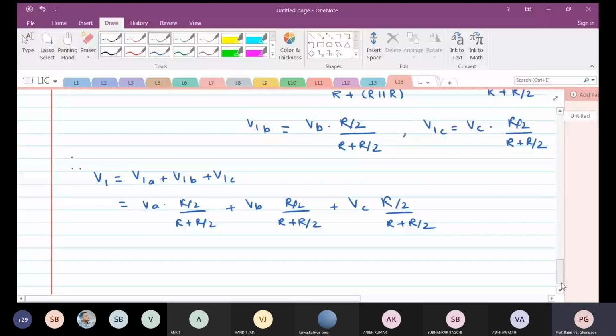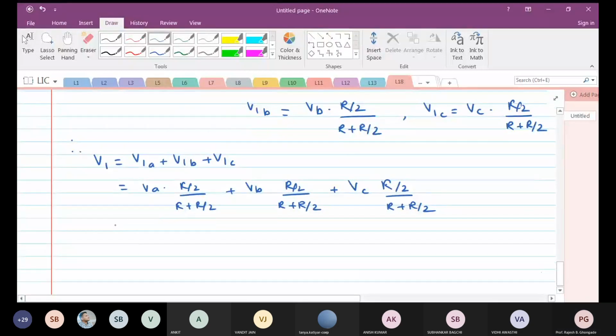Okay. If you simplify this, what do you get? V1 is simply equal to what? Can you work this out?